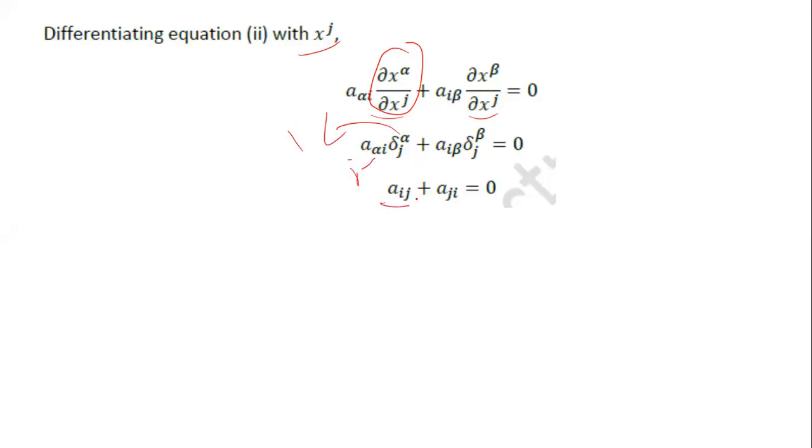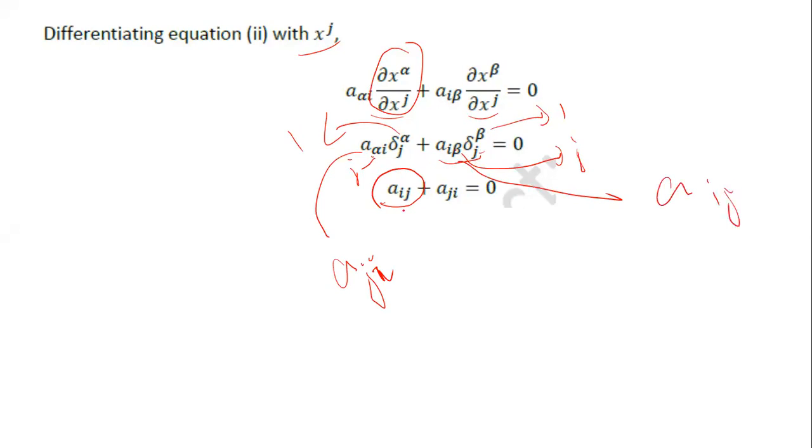So therefore, this is actually your a j i. Okay. And also this quantity will be 1 when beta is j. So this quantity will result in a i j. So a j i plus a i j will be 0. So you just use the property of the Kronecker delta, then you can prove it.